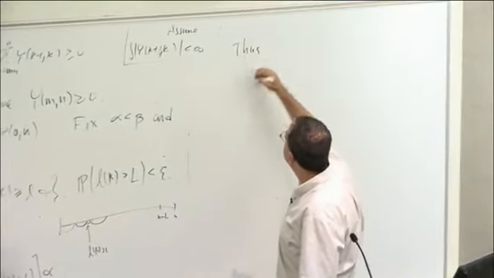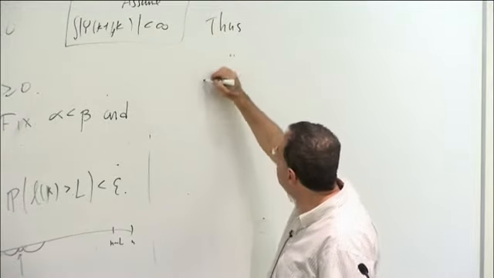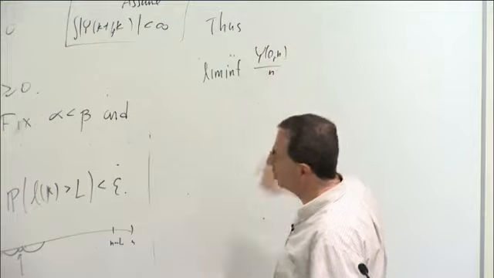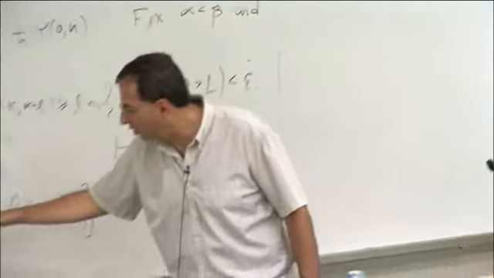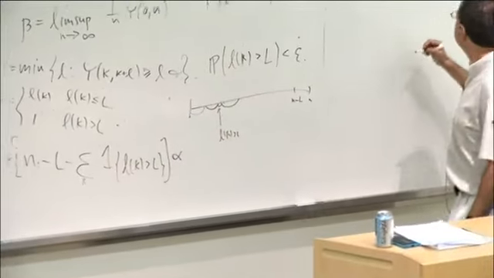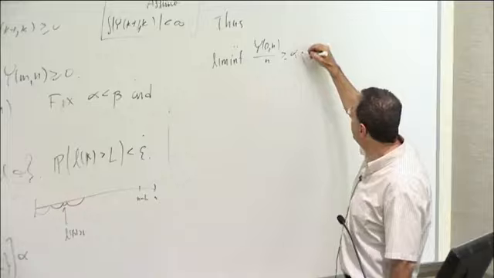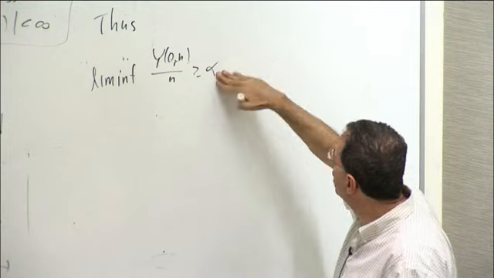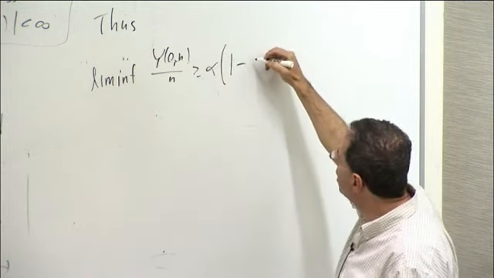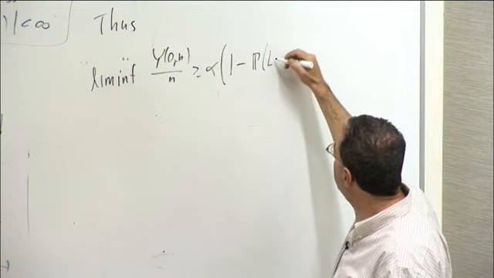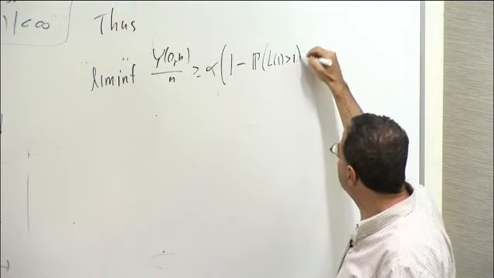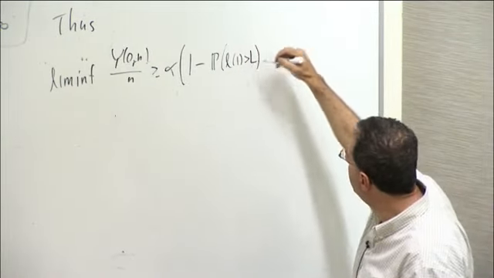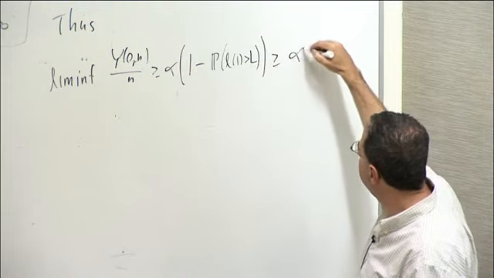Thus, if we divide by n and take a lim-inf, what do we get? Well, here L is constant, so when we divide by n, we're going to get at least alpha times 1 minus the probability of L of 1 bigger than L. So this is bigger than alpha times 1 minus epsilon.